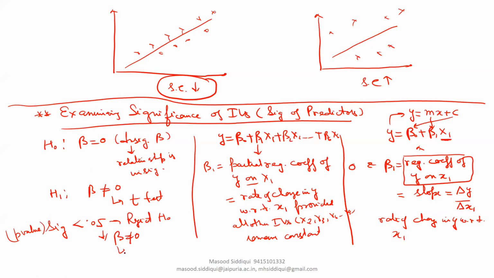We can say that the considered predictor is significant in nature. So we simply look for all those predictors having p-value less than 0.05, and they are all taken to be significant.